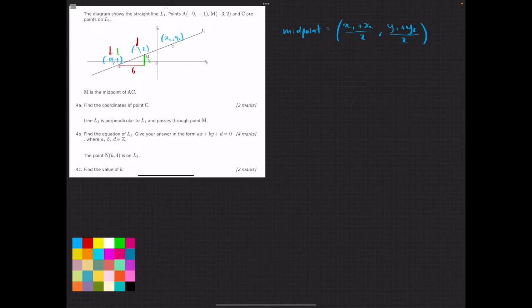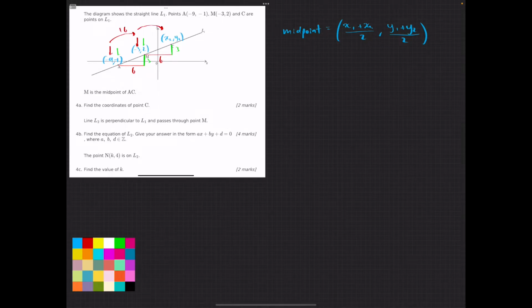If we carry this process forward, now we're at point M, at this x value of -3. Since this is the half value, if we want to go the whole way there, we would need to go another 6 across. And if we're at 2 and we want to go the whole way there, we would have to go up 3 again. So to go from -9 to -3, we go 6 to the right, which takes us halfway there.